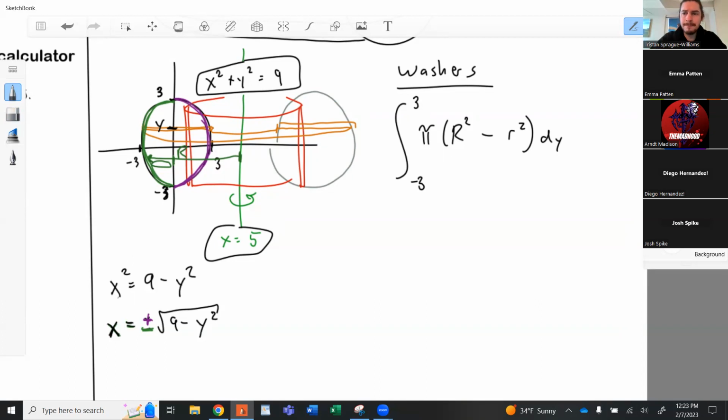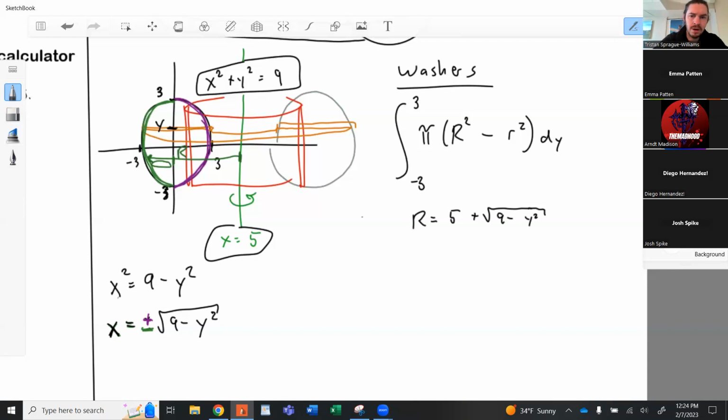So I think what we want to use for capital R is 5, this distance, plus the opposite of our negative square root, right? So it's actually plus the square root of 9 minus y squared.